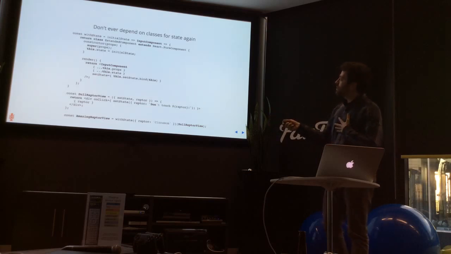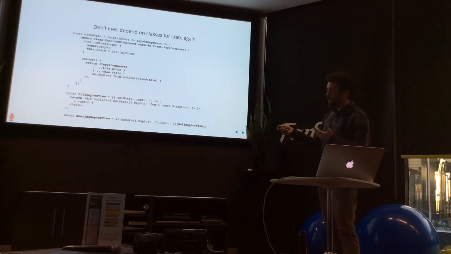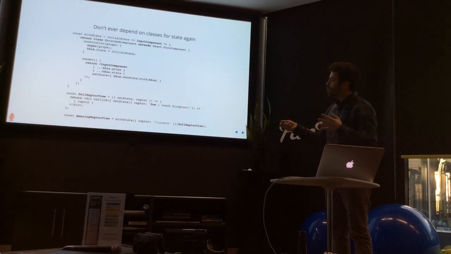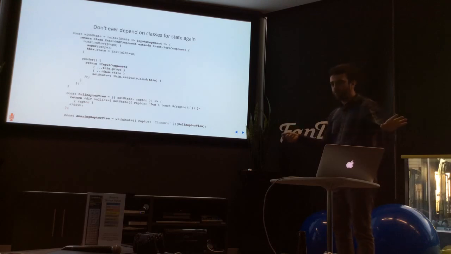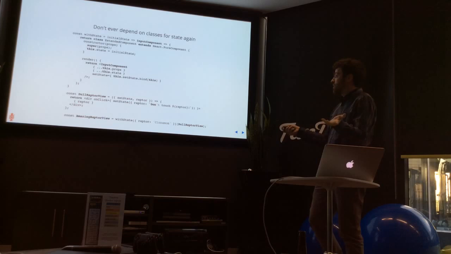So what happens here? You are creating a state in this hook, which is the initial state you passed. And then you pass an extra prop, which is set state. I'm binding this for the context, a JavaScript thing. And then I'm passing the state too. I don't know if you can foresee exactly what's going to happen, but look at this. I have this dumb raptor view, a boring view, which takes two props that come from the outside, called set state and raptor.